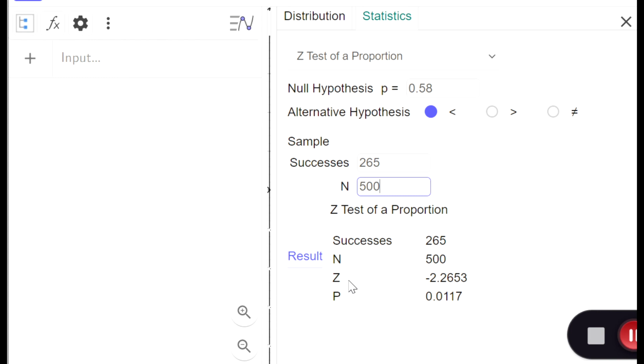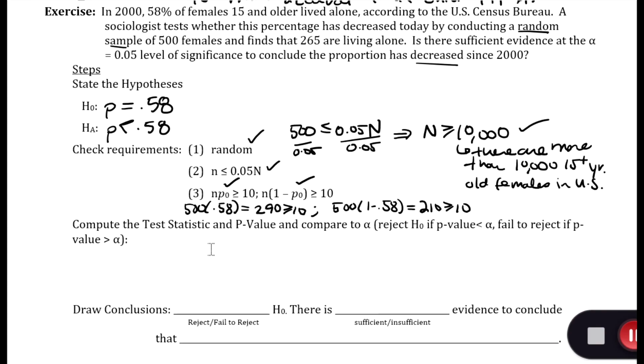And so with that, our results are down here where we have our z, which is our test statistic, and our p, which is our p-value. So we have our test statistic, and that equals negative 2.2653. Our p-value equals 0.0117.